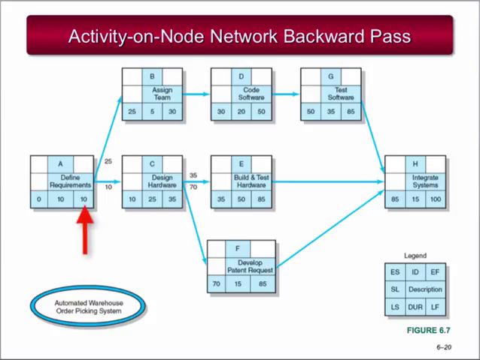Given a late finish of 10 days, the late start for Activity A is time period 0. Late start equals late finish of 10 minus the duration, which is 10. Therefore, the late start is 0. The backward pass is complete, and the late activity times are known.